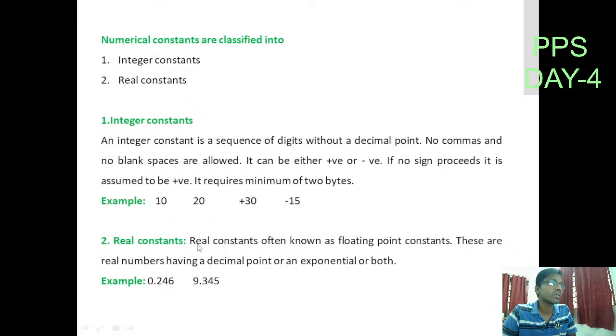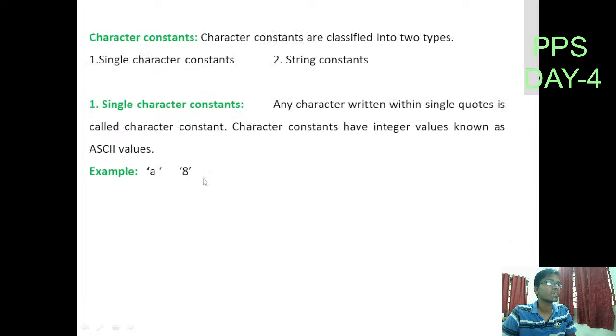Now coming to real constants, they are floating point constants, that means real numbers having a decimal point. For example, 0.246. The number contains an integer value as well as decimal points, so that comes under real constants. And then character constants: single character constants and string constants.